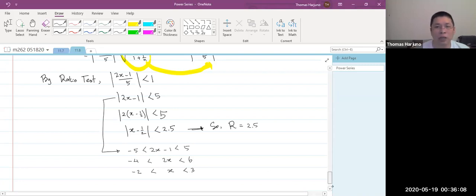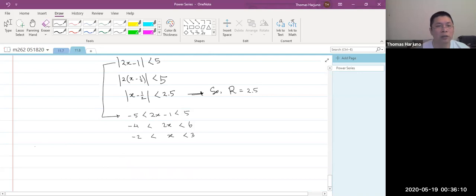Now then we check at -2 and at 3. Check the convergence at x equals -2 and at x equals 3.